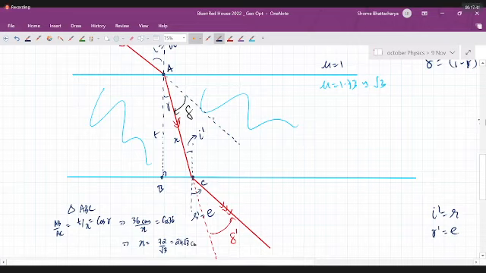Okay. Now the next thing we can do here is we can drop a perpendicular from C onto this. Let's call this point D. So now you look at triangle ACD.